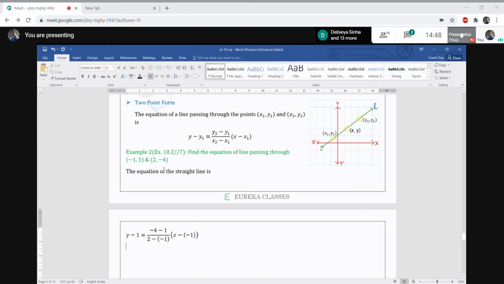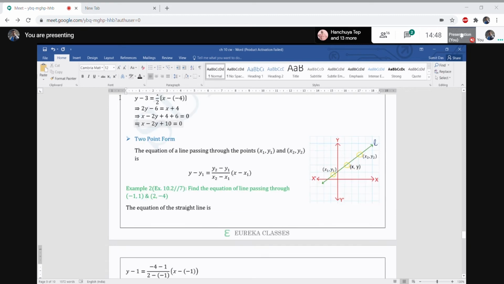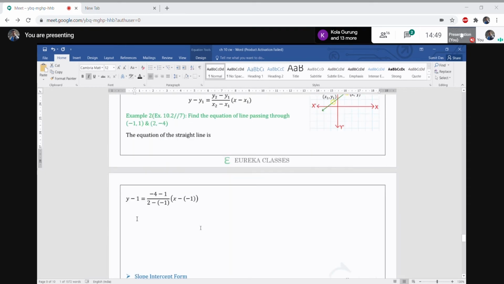So if you simplify this one, I'm just giving one example for each form so that it is easy for you. So if you simplify this one, y minus 1 is equal to minus 5 divided by 3. 2 plus 1 is 3, right? Then it will be x plus 1.